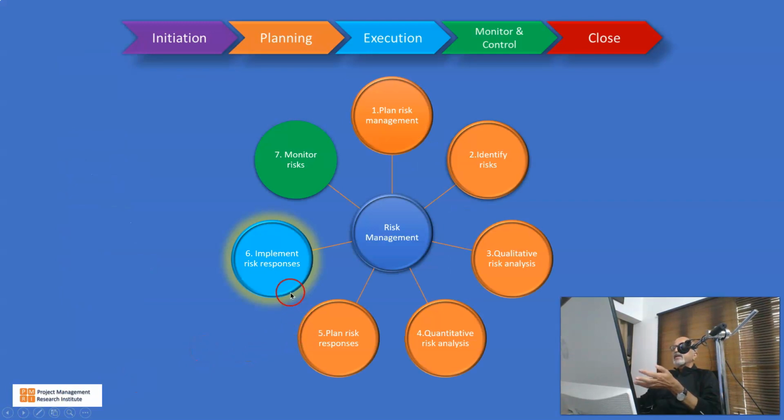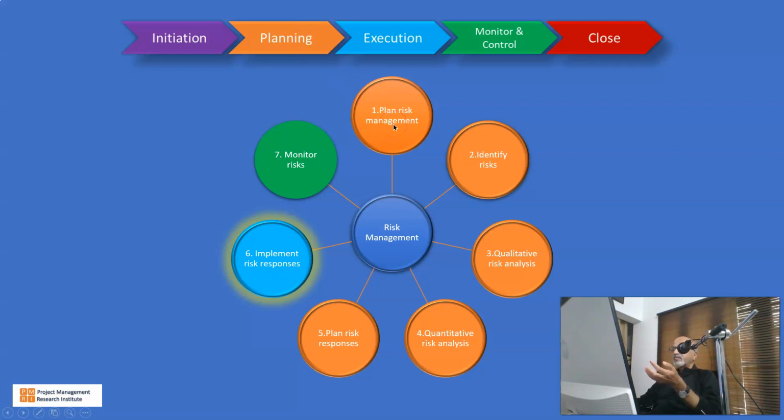Then the next step is implement risk responses. So whatever is in orange color here, it's all part of planning. When you plan a project, it's part of risk planning, and it comes under the planning process group.